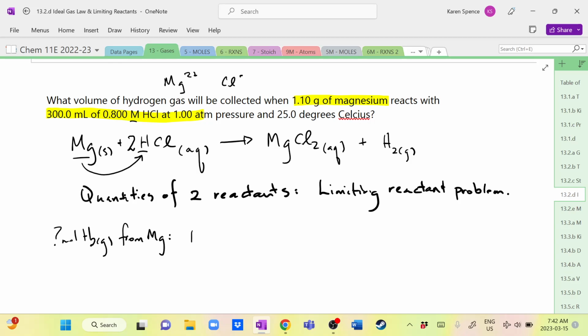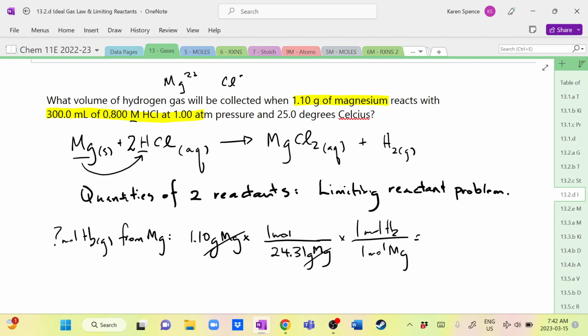That's going to be 1.10 grams of magnesium times 1 mole per 24.31 grams of magnesium. That's our molar mass of the magnesium. And this one is nice and easy because there is 1 mole of H2 for every 1 mole of Mg.